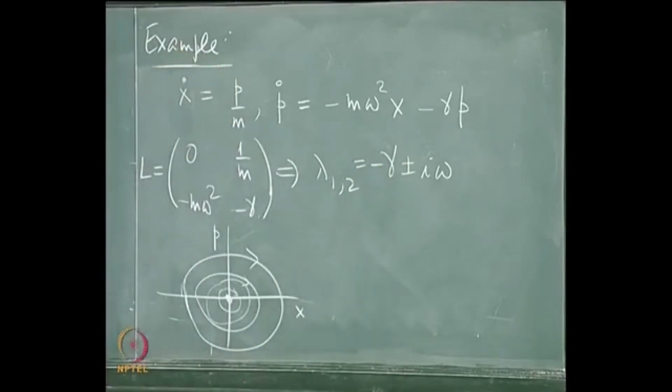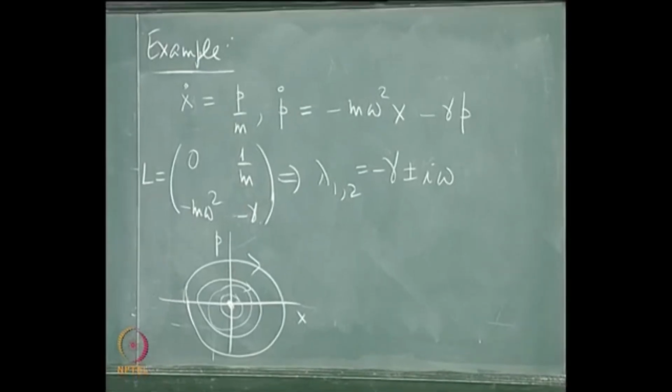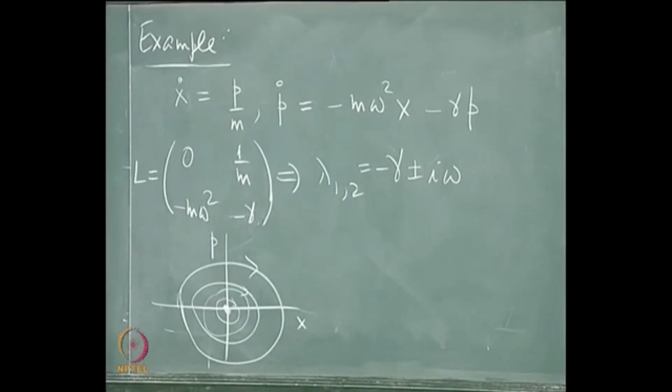What sort of critical point is the origin now? Asymptotically stable spiral, provided gamma is positive, provided the friction acts as a retarding force. If the friction does not act as a retarding force but pushes you along in the same direction even further, if there is positive feedback, then of course it becomes unstable.